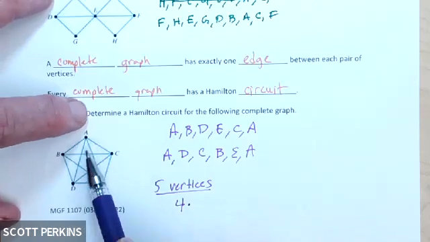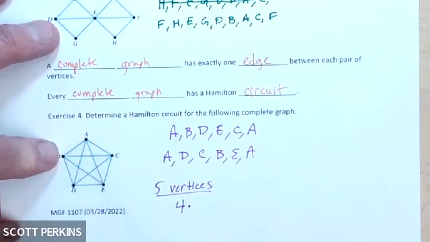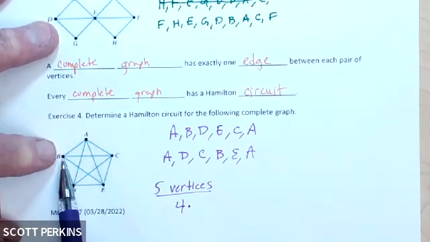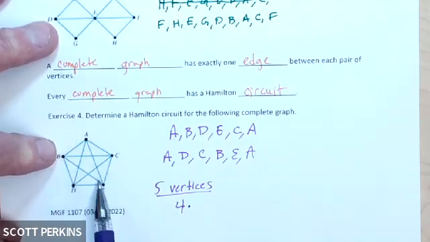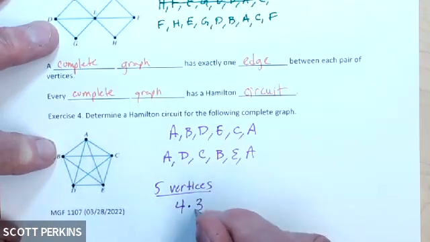Let's say I go from A over to B. Now I can't go back to A because I haven't done all the vertices yet. How many choices from B do I have? 3. I could go to D, E, or C. I'm not ready to go back to A, so I have 3 choices.